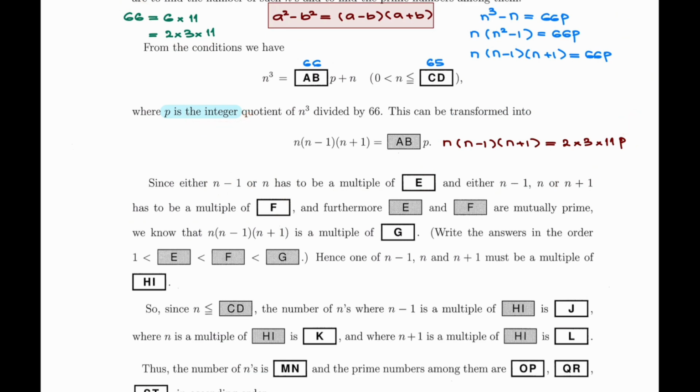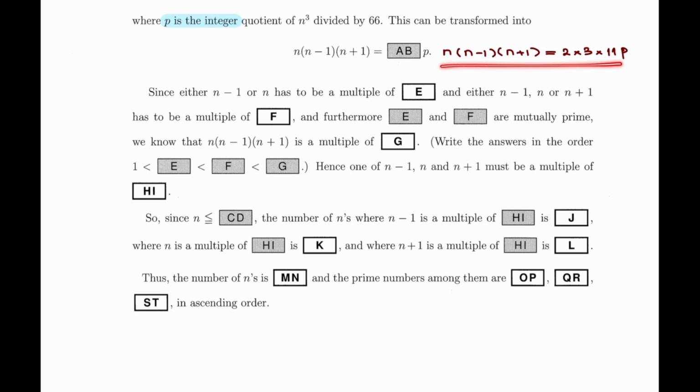Now, from this expression, you can see that either n minus 1 or n has to be a multiple of either 2, 3, or 11.